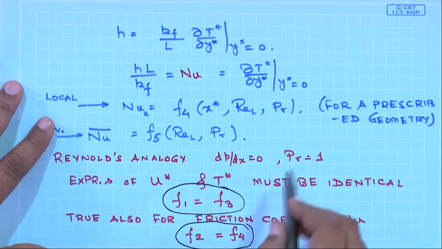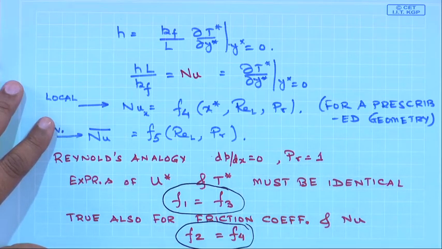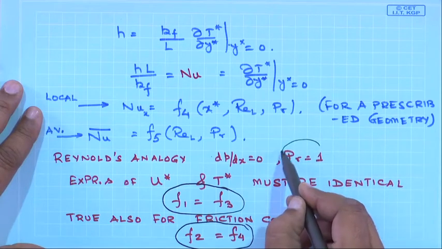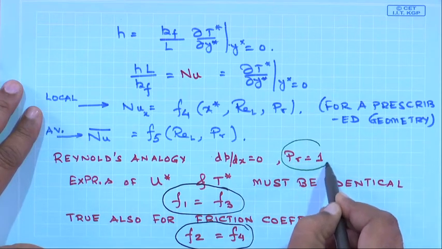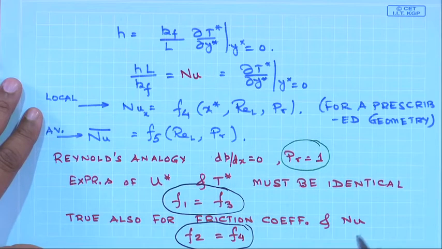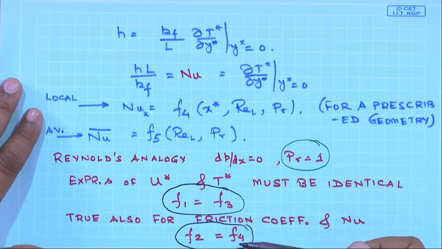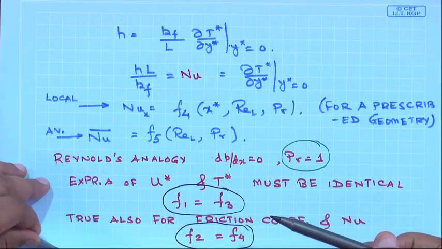The important point here is the major problem that one would face in the practical application of Reynolds analogy is the requirement that Prandtl number has to be equal to 1. Whether you are going to get a fluid whose Prandtl number is equal to 1, and if it is equal to 1, how are you going to use this analogy for other cases?